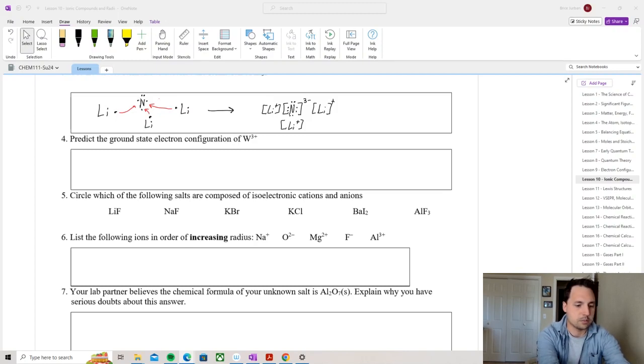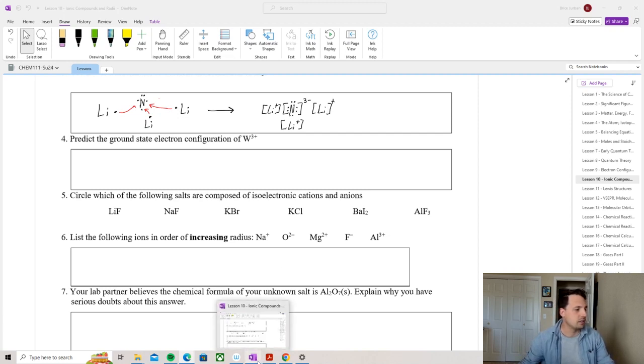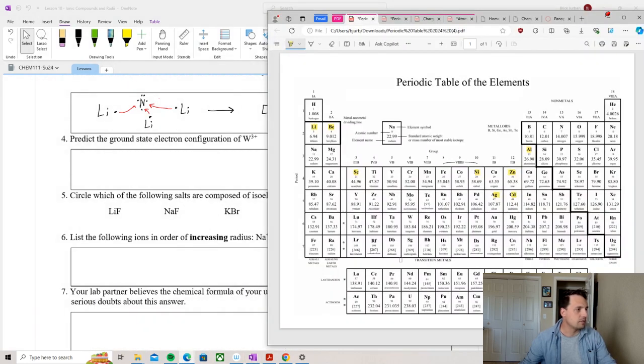Okay, and this next problem, we want to predict the ground state electronic configuration of tungsten when it's in the 3 plus state. My suggestion on doing these is to write them all as the neutral atom and then make the adjustment. So let's find tungsten on the periodic table. It's element 74.